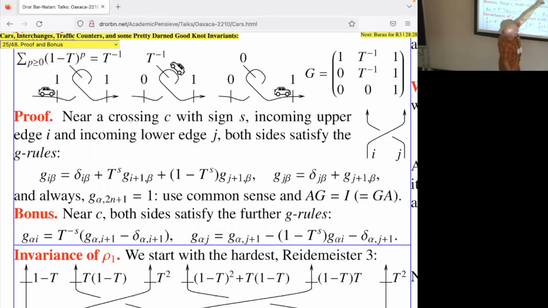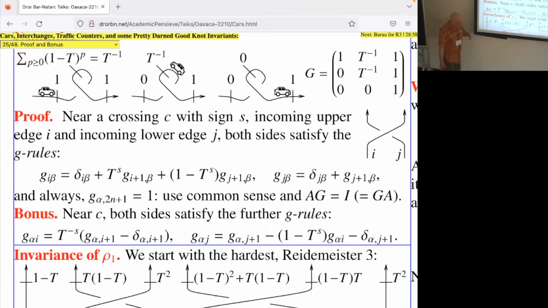Near a crossing C with sign S, with upper strand I and lower strand J, given any placement beta of the traffic counter, the Green function satisfies G_{I beta} equals the Kronecker delta of I and beta plus t to the power S times G_{I+1, beta}, and so on. Sorry, plus another term.